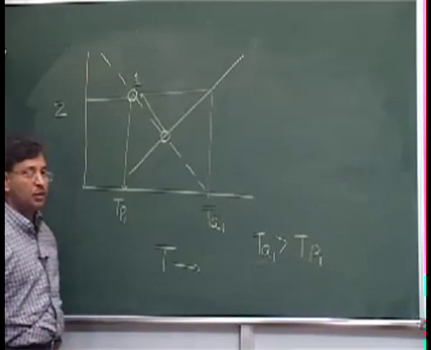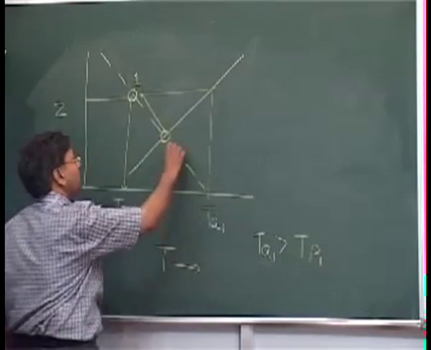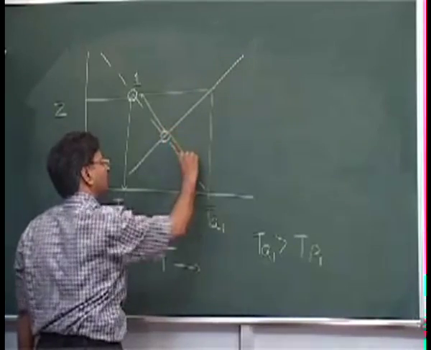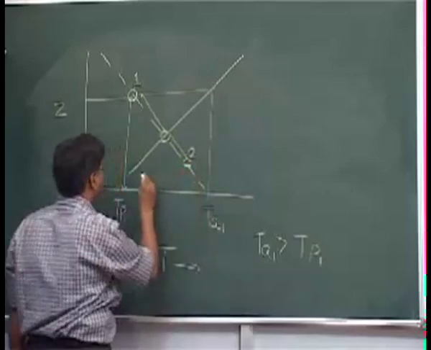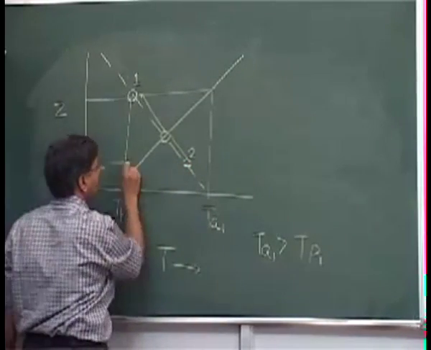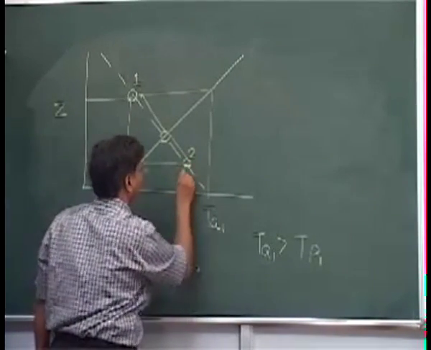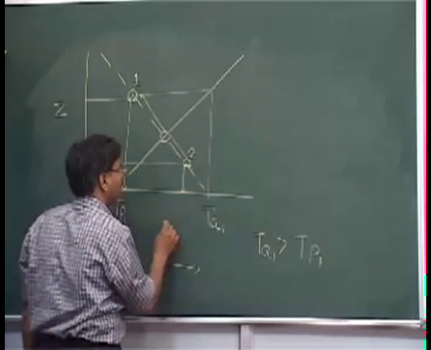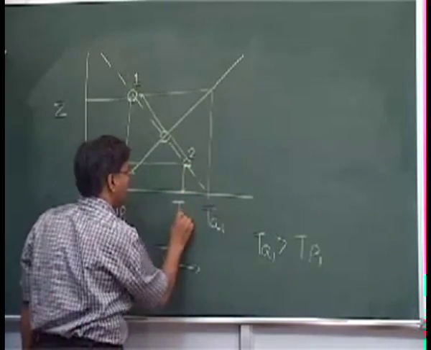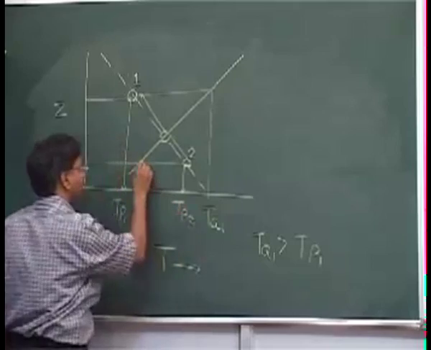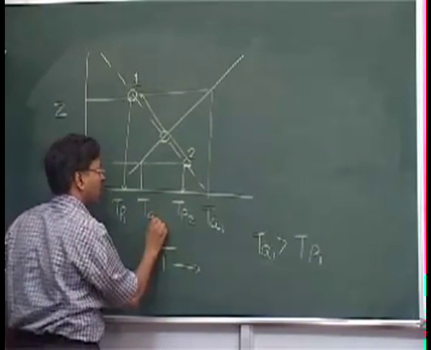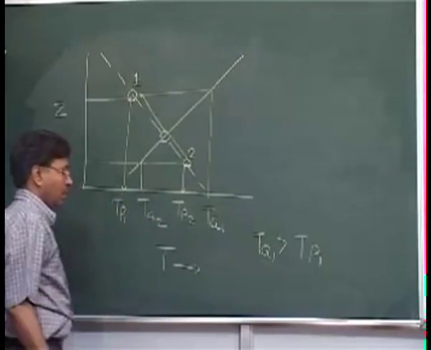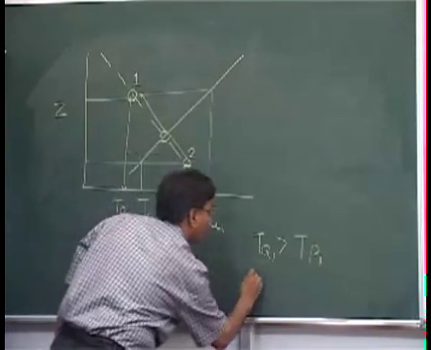Suppose we have situation number 2. We push the pollutant down, let us say. This is the situation 2, and then let us find out the situation. What is the temperature for the particle, Tp2, and what is the temperature for the atmosphere or air, Ta2, in the position 2?